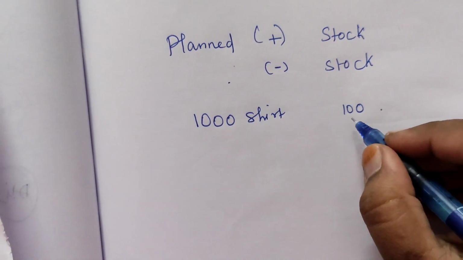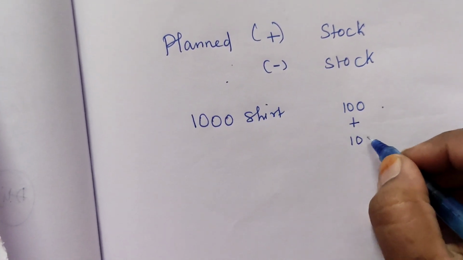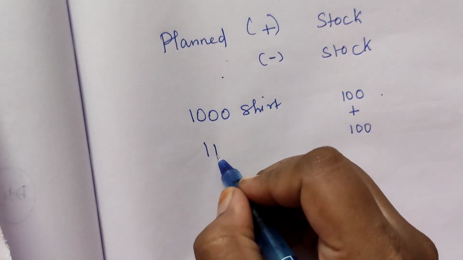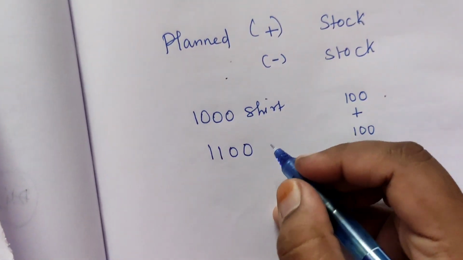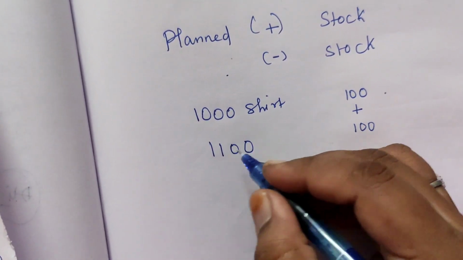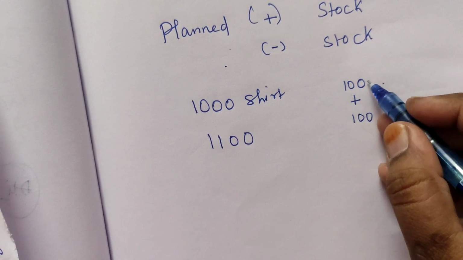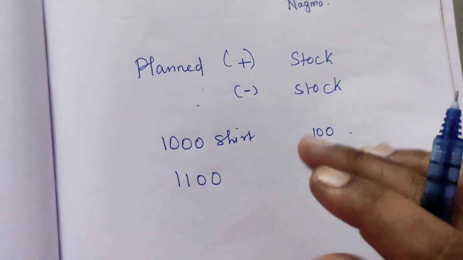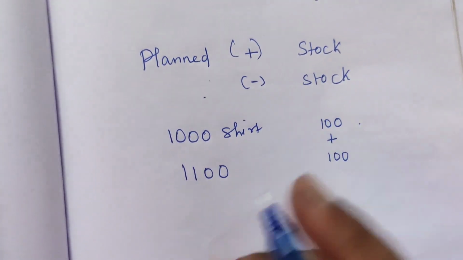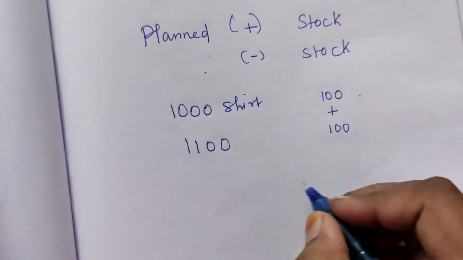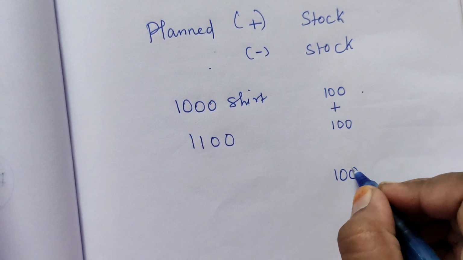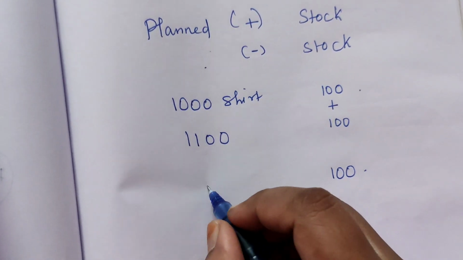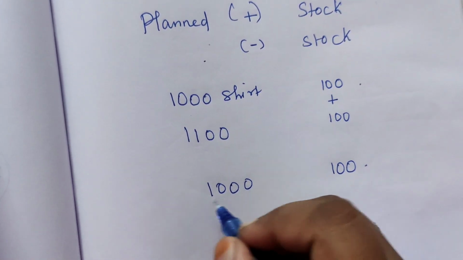Now you want to increase this stock from 100 to 200, so deliberately you will produce 1100 shirts, so that if you sell 1000 in the whole year, 100 can be added to the stock. By that your stock will increase. This is planned accumulation of stock. Now for planned decumulation, there is 100 stock, and 1000 shirts always sell in a year.